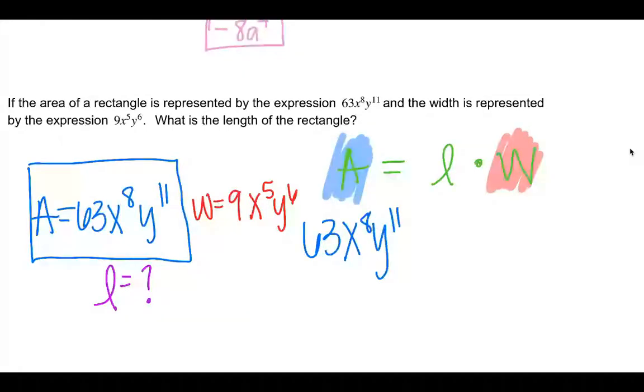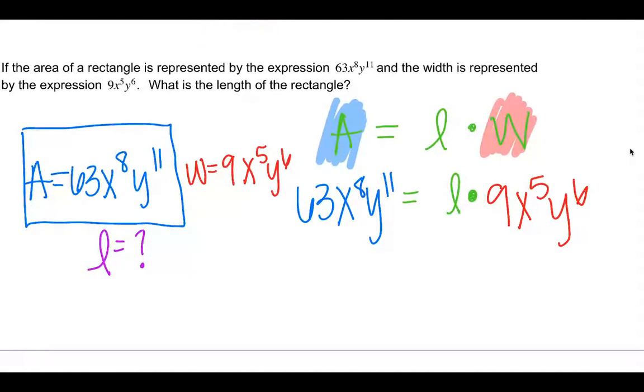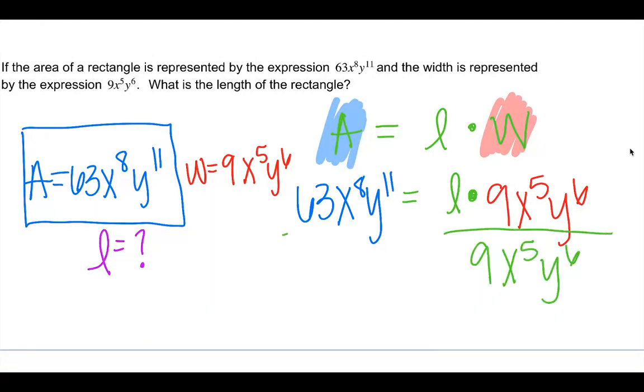And the width was 9, x to the 5th, y to the 6th. And I still don't know the length. And this is still being multiplied. So if I want to get length by itself, I'm going to have to get this whole thing moved. And to do that, I'm going to have to divide everything by 9x to the 5th, y to the 6th. Both sides.